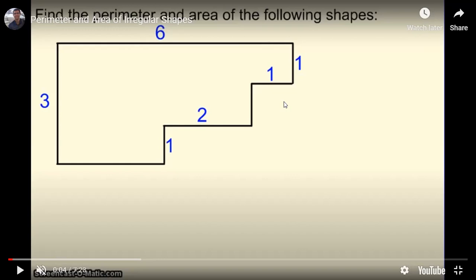So we will add all the sides, which means I will start with 6, right? And after that, 1, 1, and the other one.